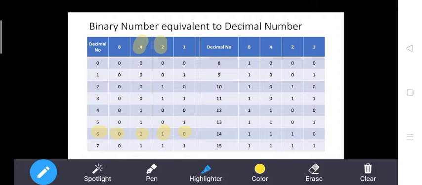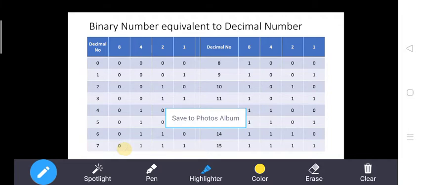So what is the purpose of telling this table to you? To represent any octal number. Octal number range starts from 0 to 7. To represent 0 to 7, we require only 3 bits, because if you consider 7, its binary number is 0111. So this MSB position is 0.